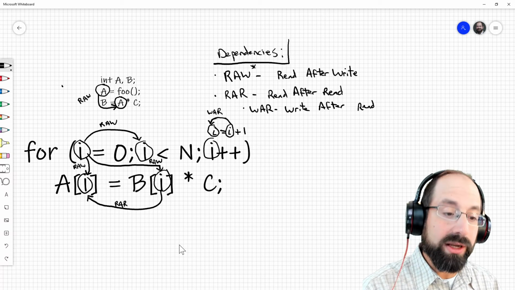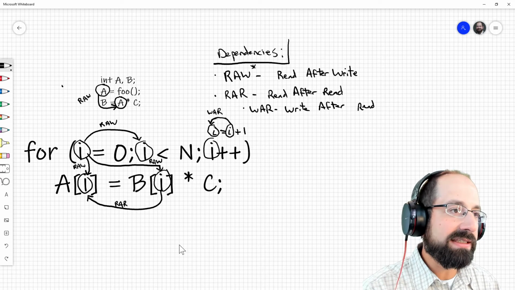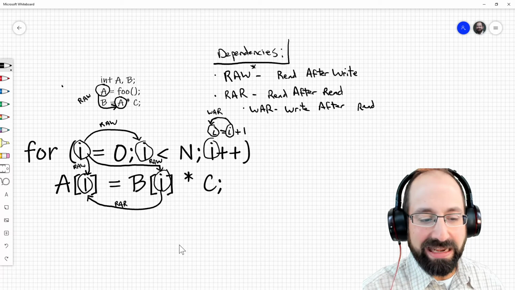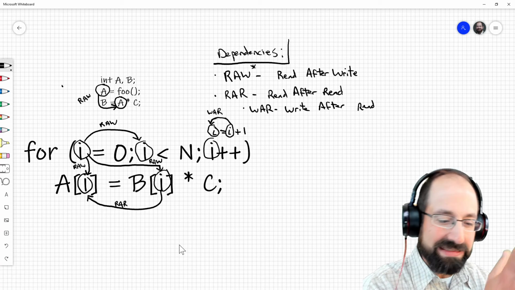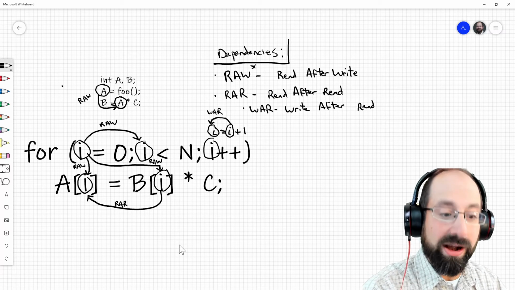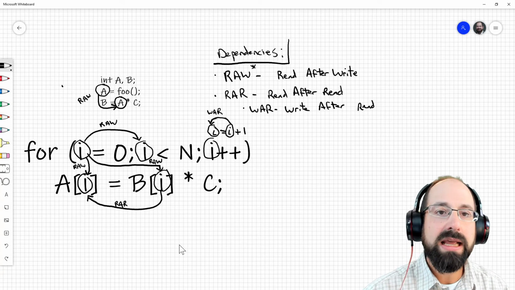So in theory, for a pipeline, that would be a dependency that's important to us. In practice, our writes always happen after our reads in MIPS anyway. So that issue of going backwards in time and having the wrong value, the ordering is already required in our MIPS ISA. We don't have that issue with our implementation.